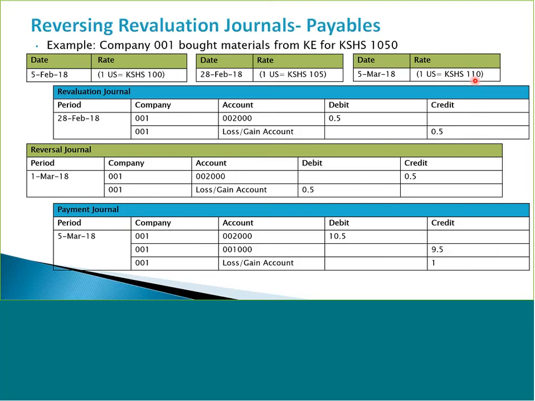So the amount that we are going to pay in dollars will be 1050 divided by 110, which is 9.5. In total, the total difference caused by a change in exchange rate is $1. So that is the final gain in this case for the payables.